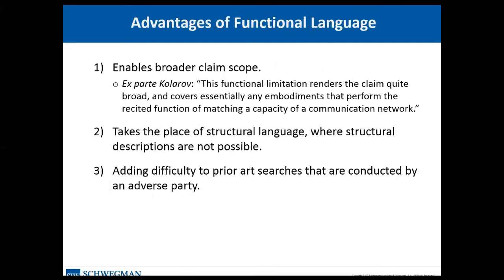Now, one of the things about functional claiming is that it has a lot of advantages, some of which are listed here. It enables a broader claim scope because after all, you're claiming something by what it's doing as opposed to what it actually is. So by replacing the structural language, you are basically broadening the scope of your claim.